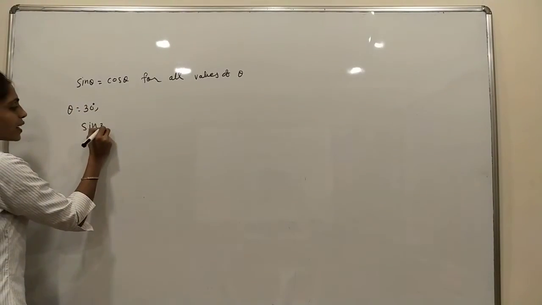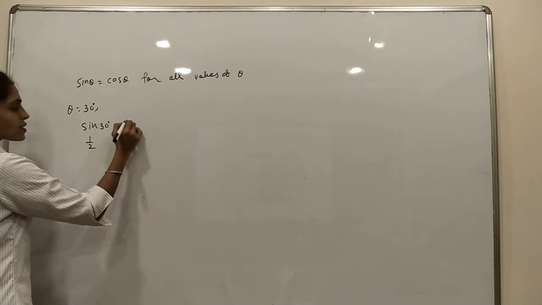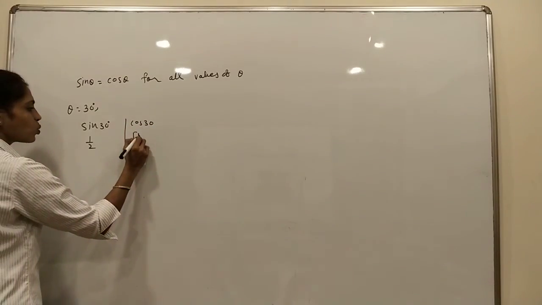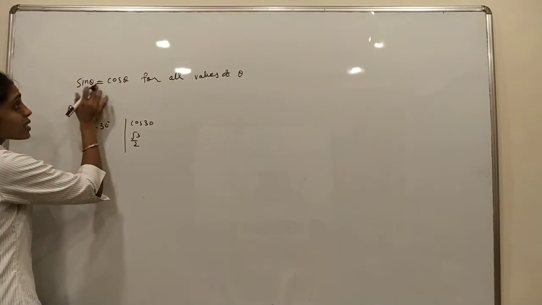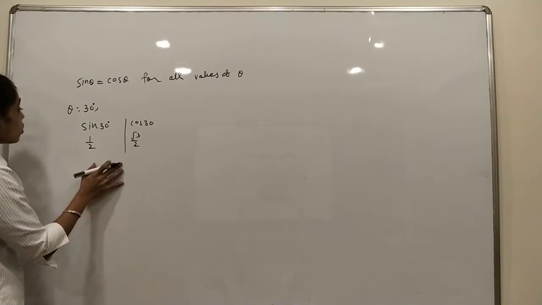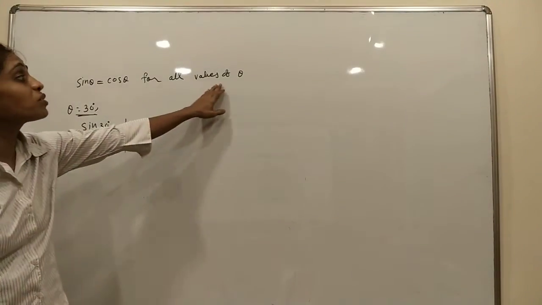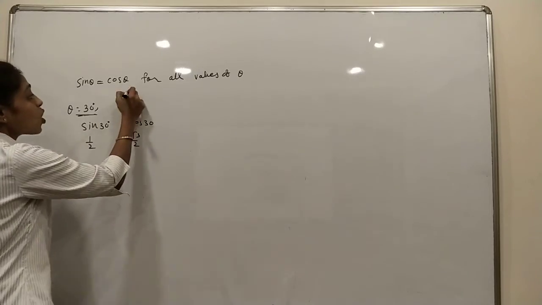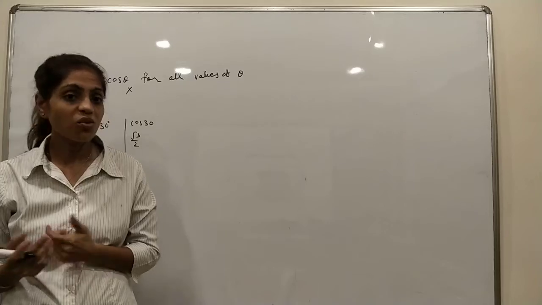So sin 30 is 1 by 2 on the LHS, and cos 30 is root 3 by 2. Is the value equal? Sin theta equal to cos theta? No. For 30 degrees it is not the same, so this is wrong. For what value of theta are they equal?